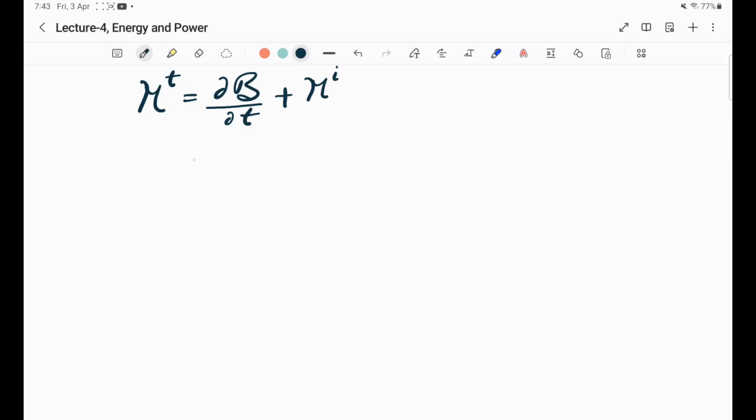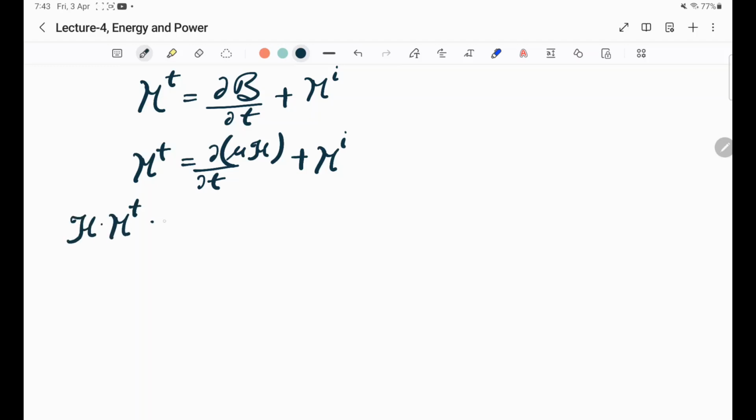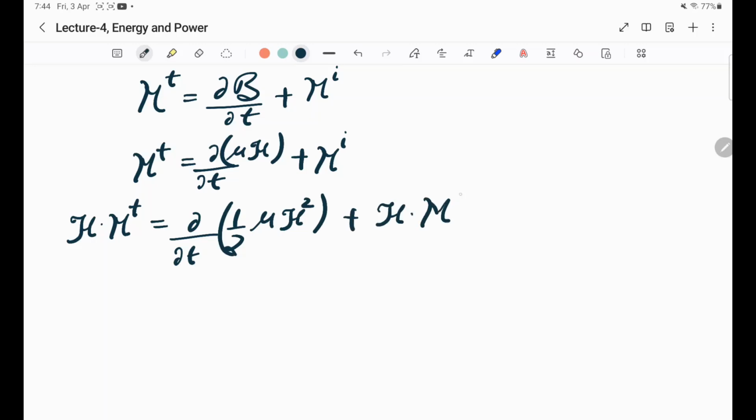Now if you substitute mu H in place of B, with Mi remaining as it is, and multiply H on both sides, you will get del by del t of half mu H squared plus H dot Mi.